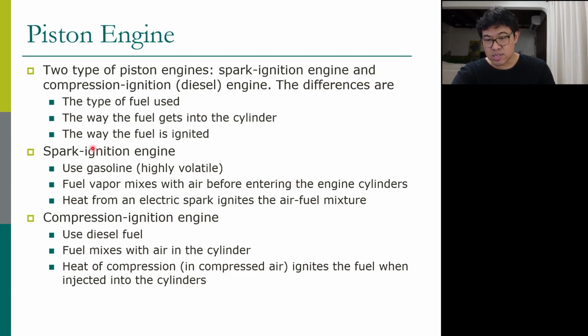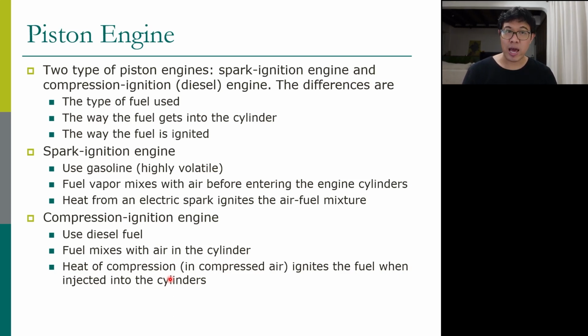The third difference is the way fuel is ignited. For the SI engine, the ignition comes from the heat of an electric spark. For the CI engine, we use heat of compression, which means we use the heat of the high-temperature compressed air to ignite diesel.